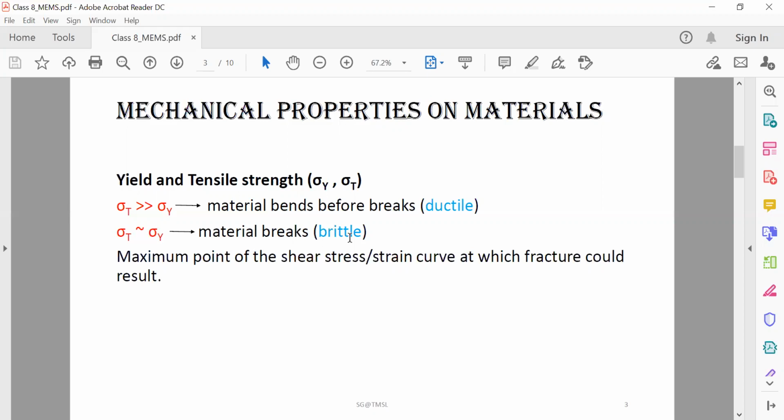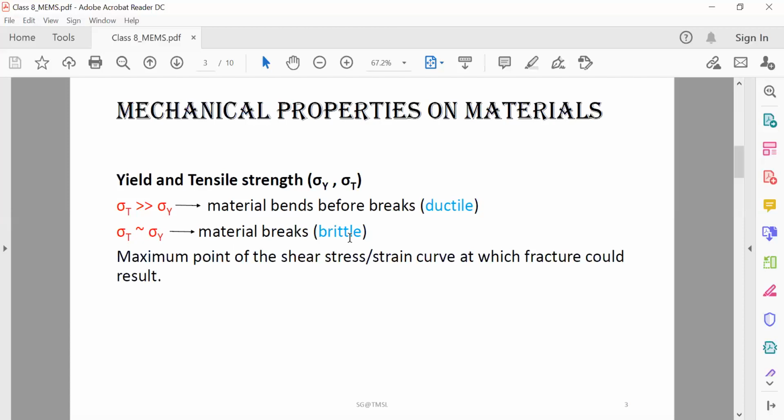So ductile or brittle, these two words are used in this case. When sigma t is large compared to sigma y, the material bends before breaking, and this property is known as ductile. When sigma t and sigma y are comparable, the material breaks and is a brittle material.